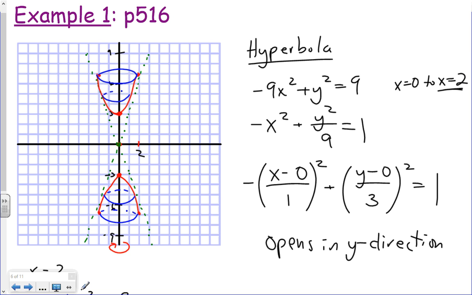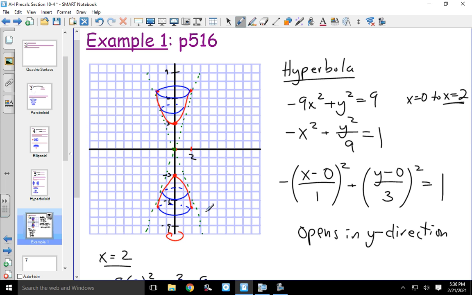Since we rotated around the, what is the transverse axis actually? They said rotate around the y-axis. Turns out that's the transverse axis. All right, that's all they want us to do, is sketch the hyperboloid formed by rotating it around that axis. There we go. That right there is the end of the first half of section 10.4.